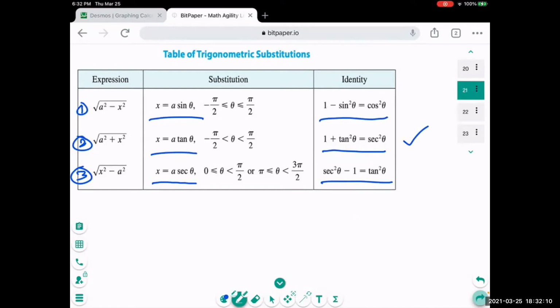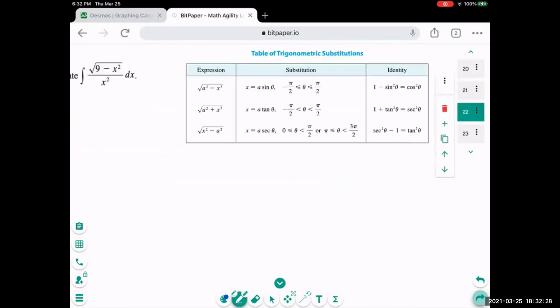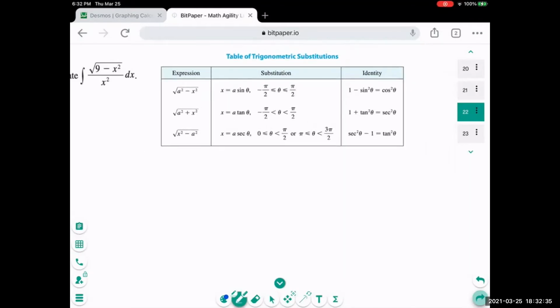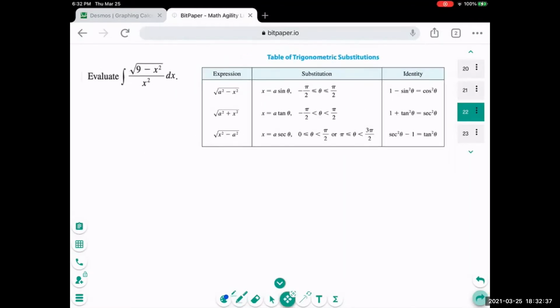Okay, so let's go for an example. Let's see. So the first example. Okay, let's go to the next page. Okay, so our example is evaluate the integral of square root of 9 minus x squared divided by x squared dx.